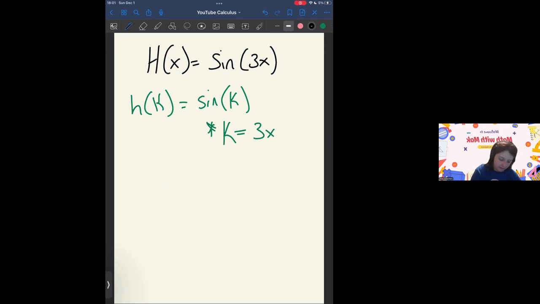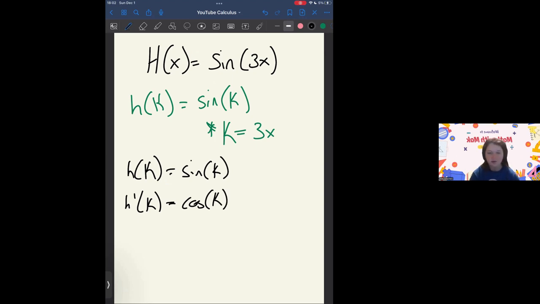So now I know that h of k equals sine of k, and this is just another base derivative that I have memorized, right? So my derivative of h of k is just cosine of k. No different than the x, right?